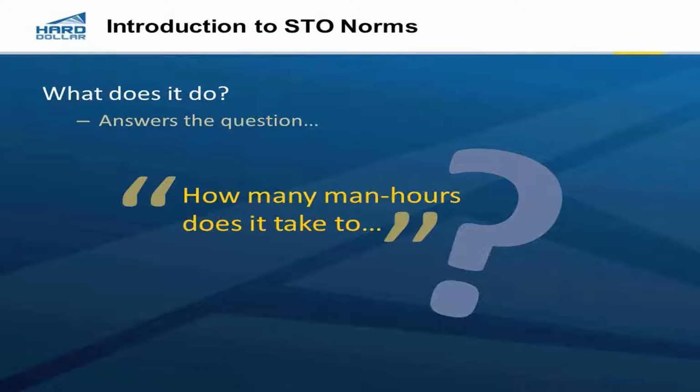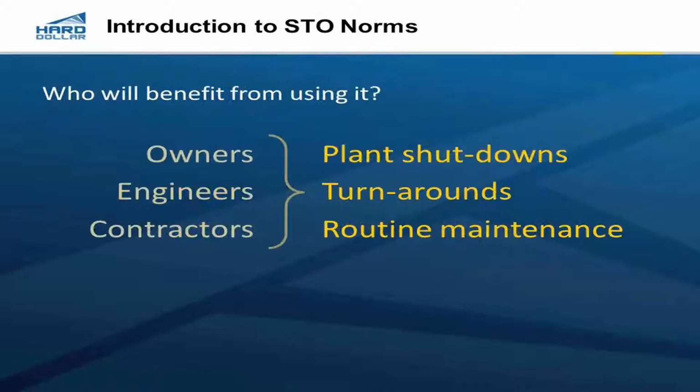To produce a budget, somebody has to figure out for each one of those tasks how many man hours it is going to take, what kind of man hours, and what types of crafts are going to be involved in each of those thousands of operations or activities. This norms database is intended to answer those questions.